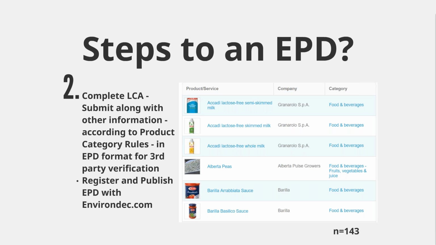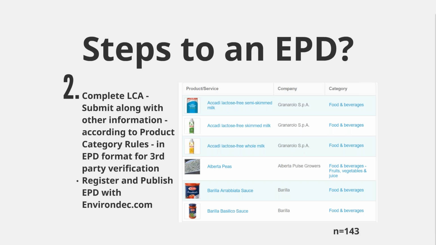It goes to a third party who is certified in this regard to do a verification that the calculations are correct, that the survey was conducted, that the questions that were asked were appropriate, etc. And afterwards, having received that third party verification, you would then register and publish the EPD with Environdec or environdec.com. And that is where these EPDs reside.